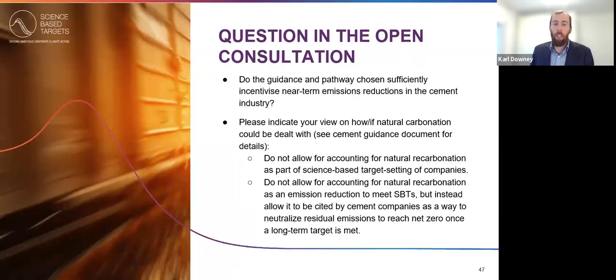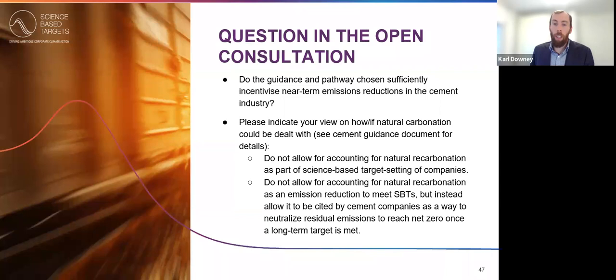So based on what I've just presented, we have a number of questions in the open consultation. The first one is whether the guidance and the pathway that have been chosen sufficiently incentivize near-term emission reductions in the cement industry. So emissions in the next 5 to 10 years, which is crucial. And the second question is to get your view on natural carbonation, how it should be dealt with.